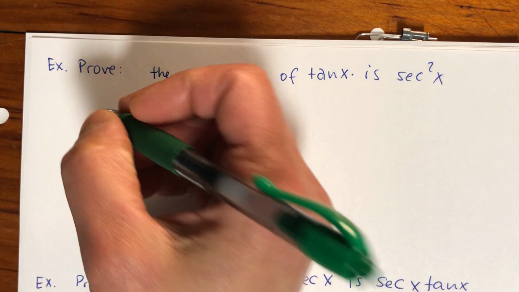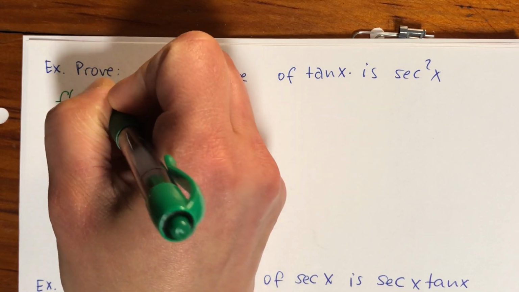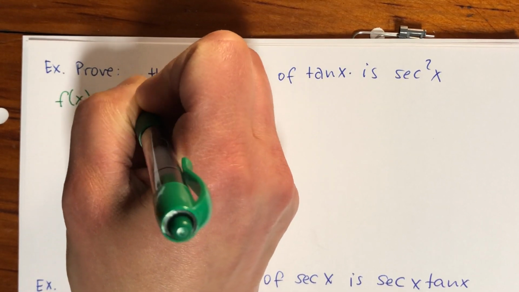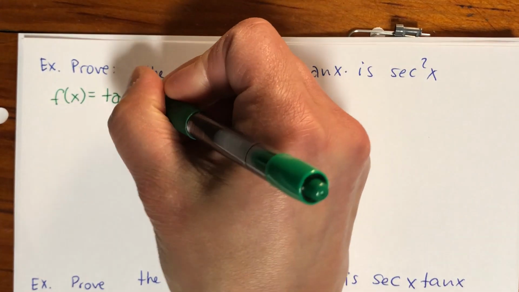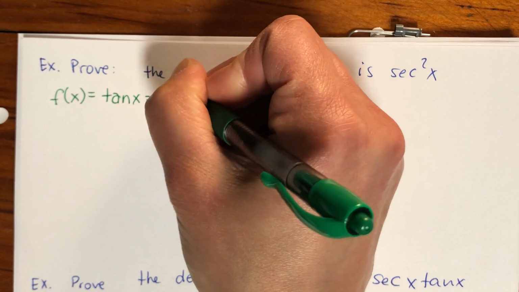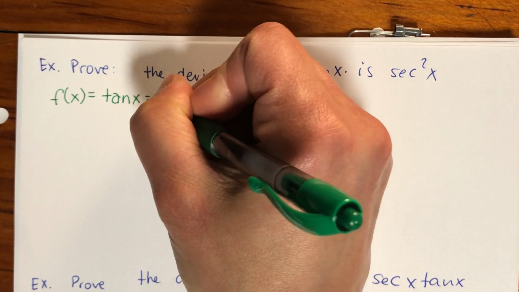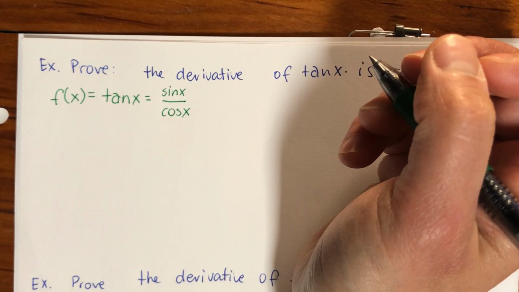So let's see. If my f of x is equal to tangent, well, I don't necessarily like to work with tangent. I am going to switch this in terms of sines and cosines. Remember your formula paper on the top right corner. It says that tangent of x is equivalent to sine over cosine.